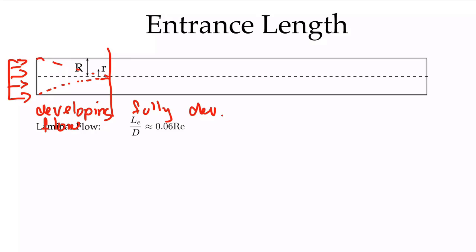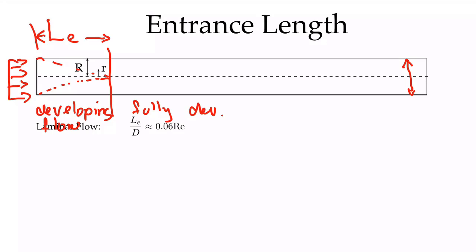So this region here, I will call the entrance length LE. And LE, non-dimensionalized by the diameter d, is approximately 6% of the Reynolds number. So we can always estimate how much of our pipe was subject to these higher pressure drops in the developing flow region by using an equation like this. About 6% of the Reynolds number times the pipe diameter will give us that length.